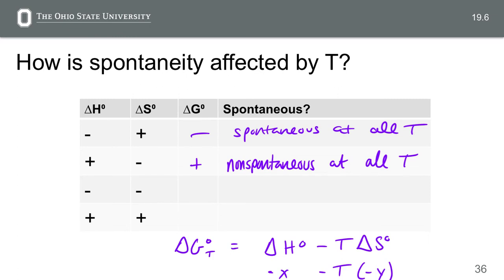So what happens if we have a high temperature? It's positive, very good. And so our reaction will be non-spontaneous at high temperature, and at low temperature, it'll be spontaneous.